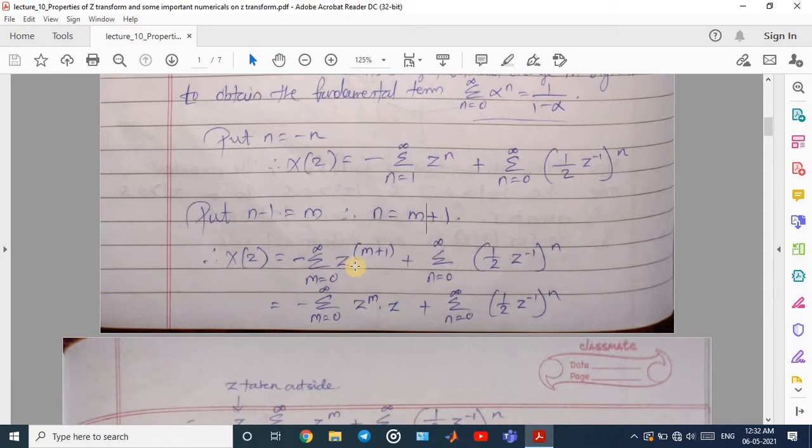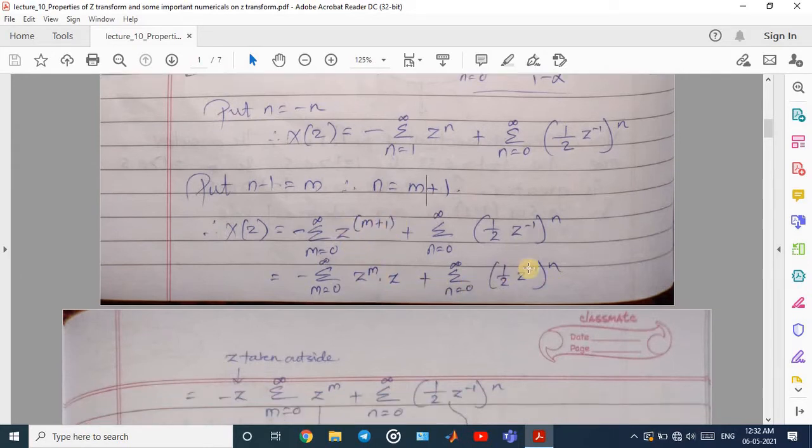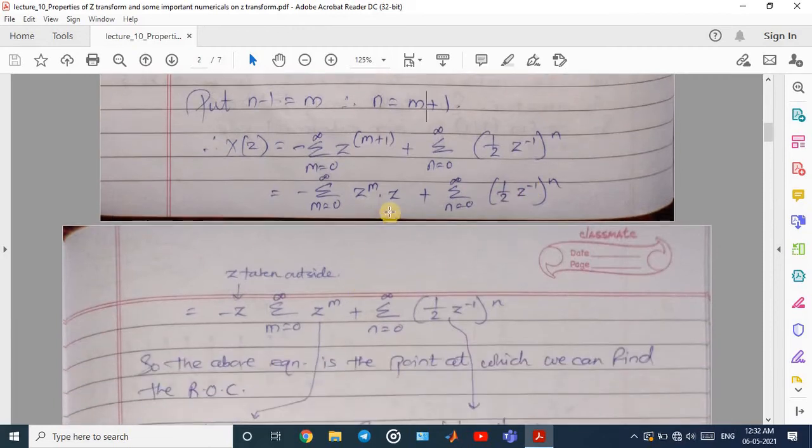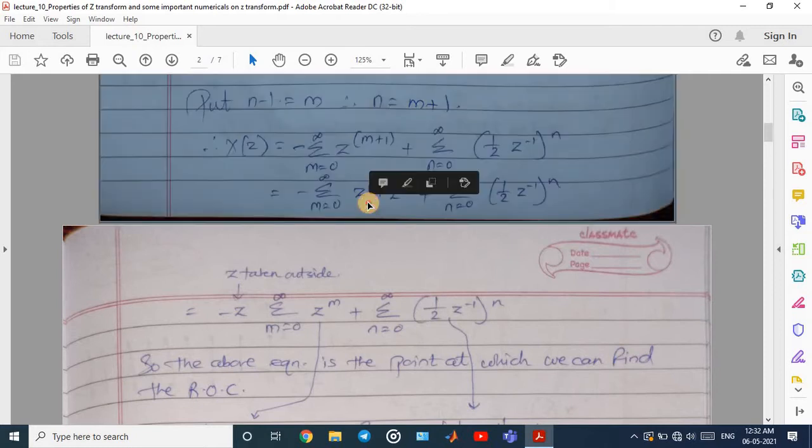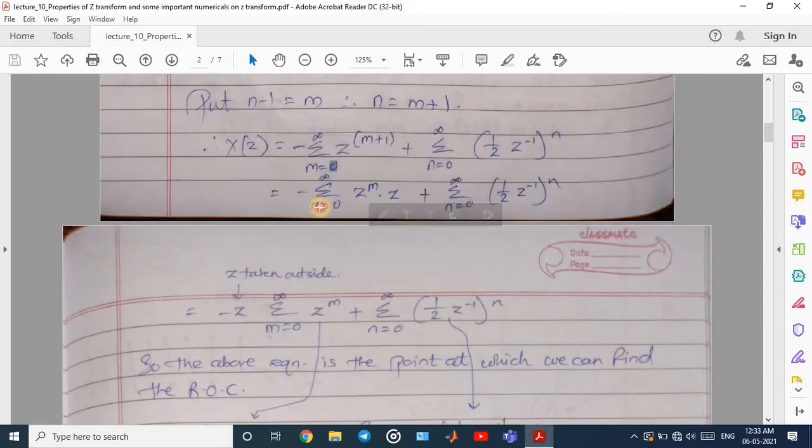Now we need to split this term z. Firstly multiply the power with z, so it will become z to the power m into z to the power 1. This term as it is. So we need to take this z outside because it is not associated with m.